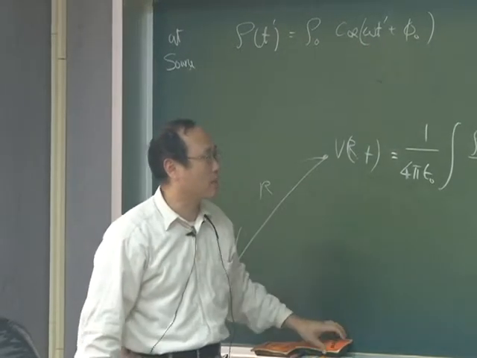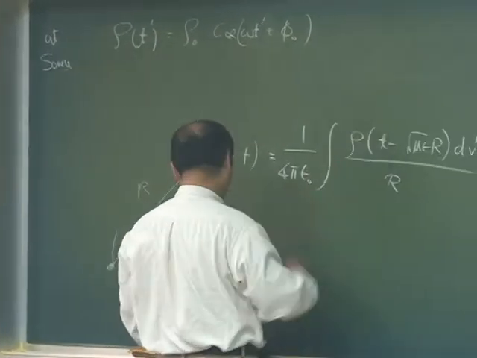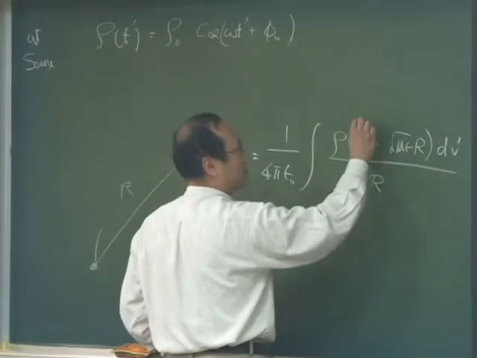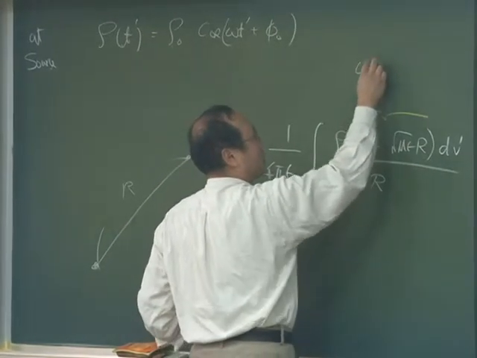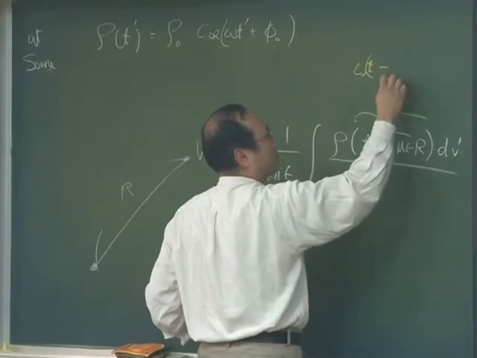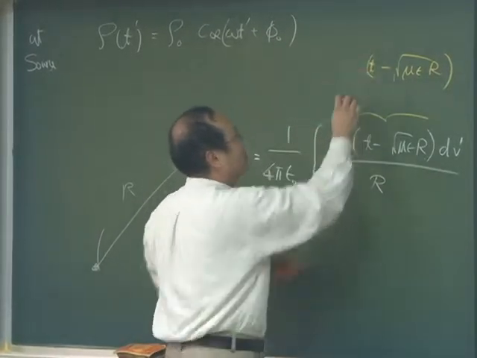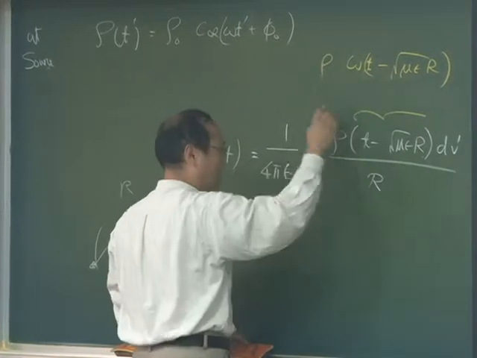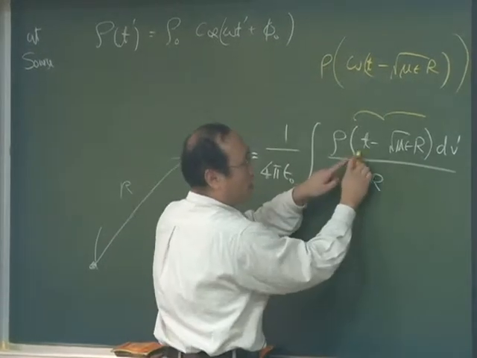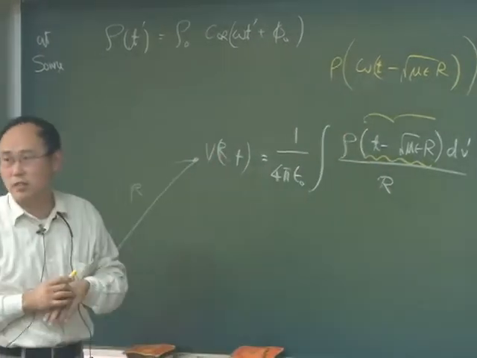So this means that you have to convert this into omega t minus omega square root mu epsilon r, so that you can have this argument inside this function.